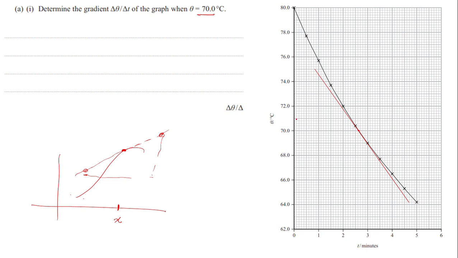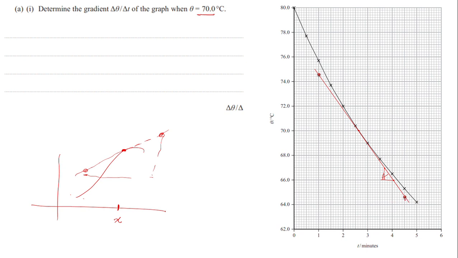On this line, anywhere you will have to choose 2 points, but make sure that the triangle is big enough to visualize. Don't take this point and this point, something like that, because this is a very small triangle, so it will not be acceptable. You will lose marks. So we will choose any 2 suitable points so that we can have a big triangle. These are the two suitable points in my opinion, you can choose some other points, so it is okay.